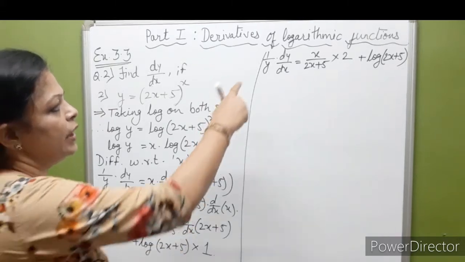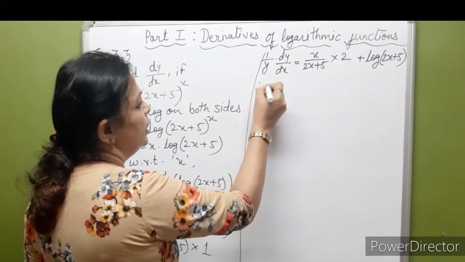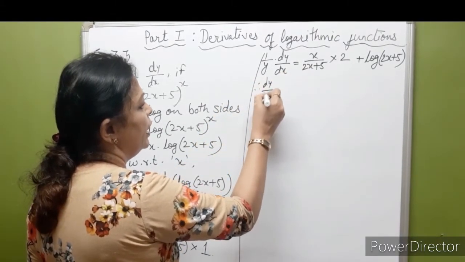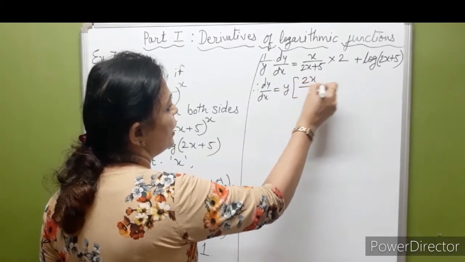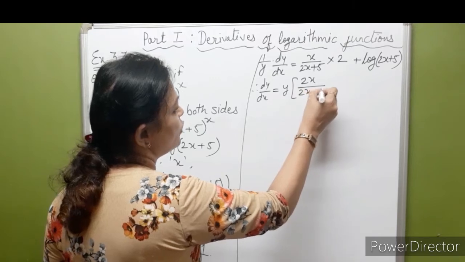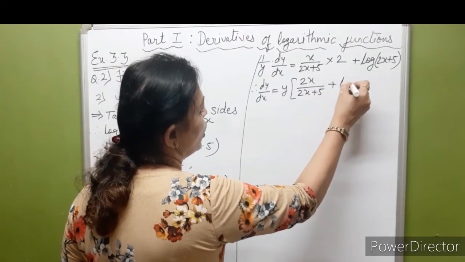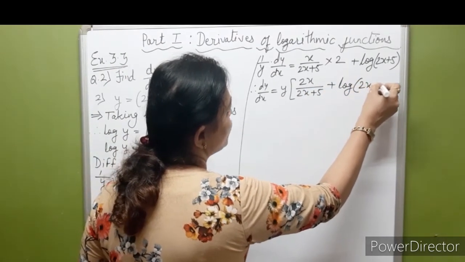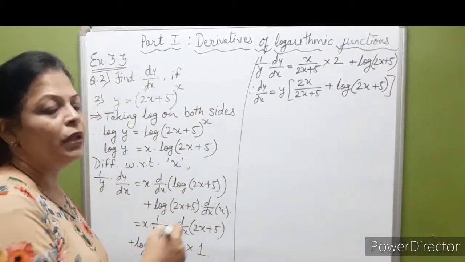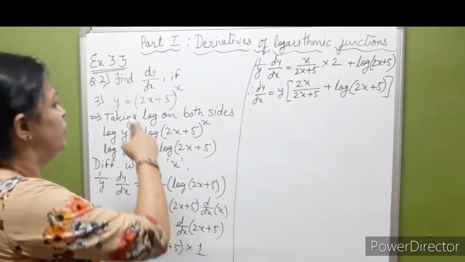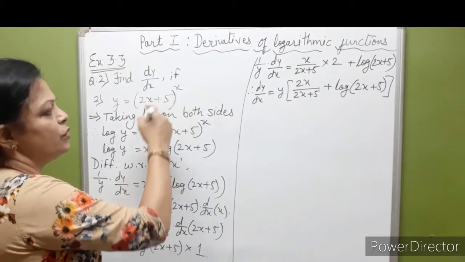Correct? Now take the y on other side. Therefore dy by dx is equal to y into 2x upon 2x plus 5 plus log of 2x plus 5. Correct? Now substitute the value of y. Y is 2x plus 5 raised to x.